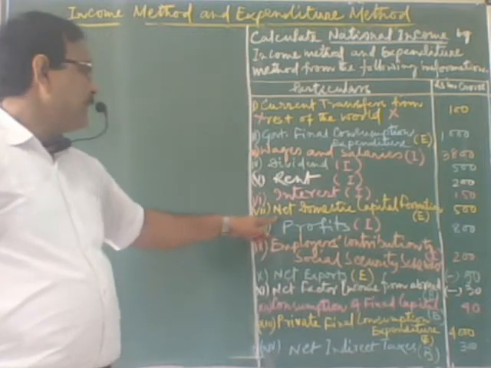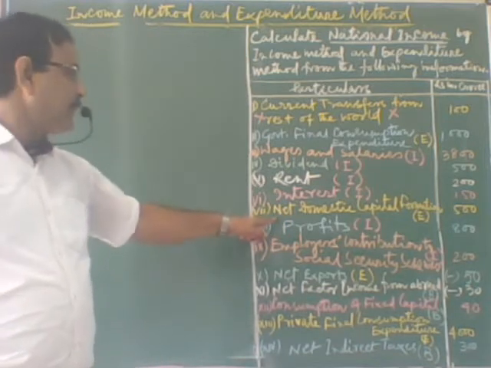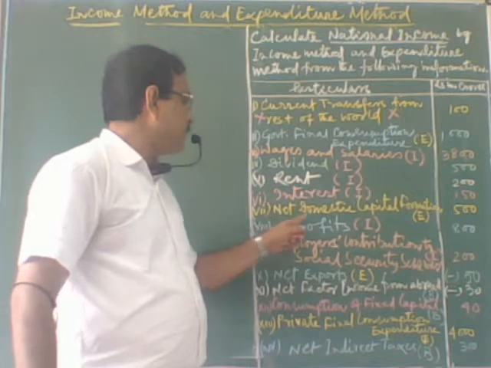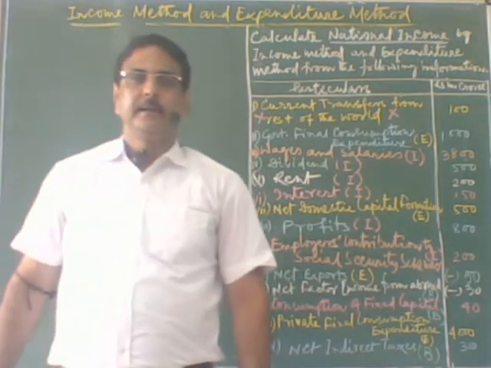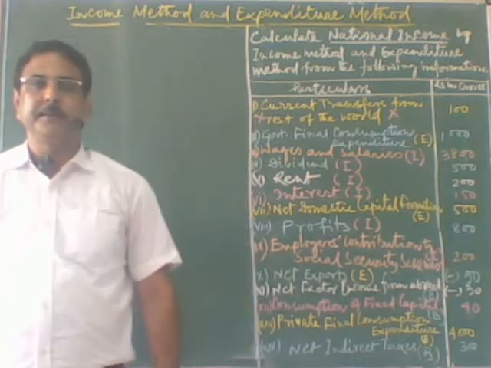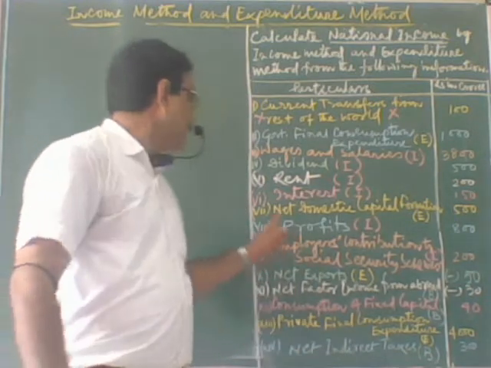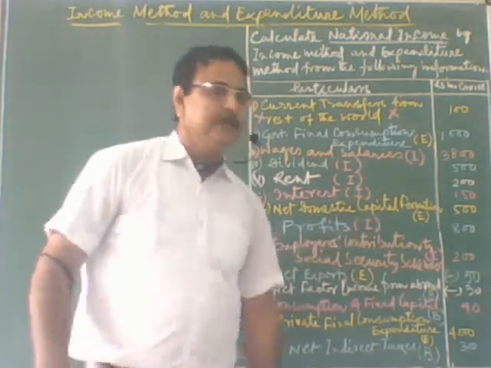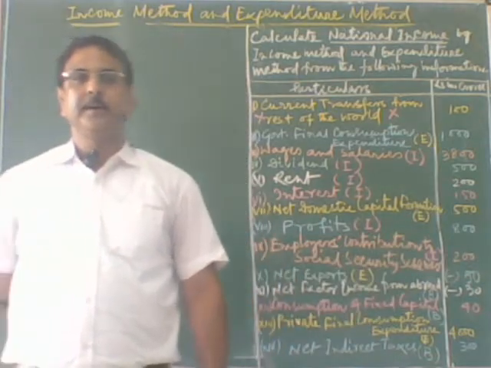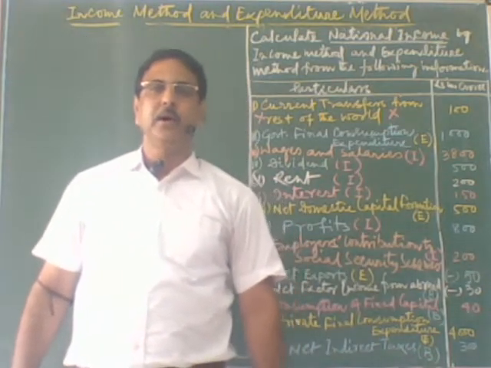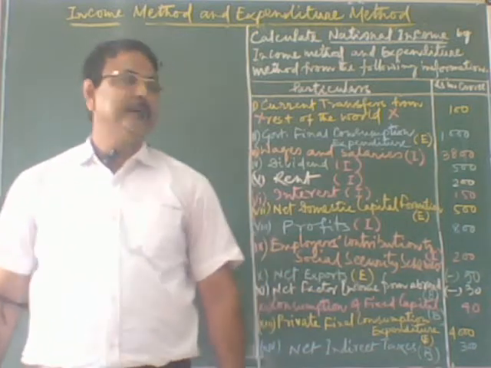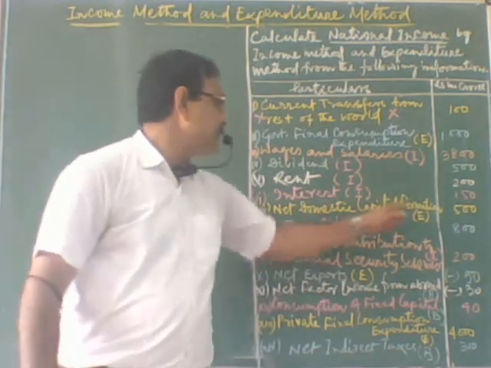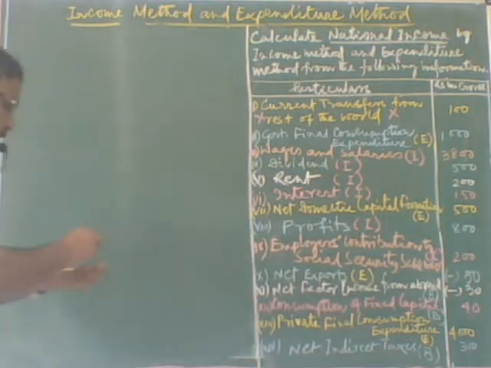But the main component of the expenditure method is gross domestic capital formation, not net domestic capital formation. So first of all, you have to change it into gross domestic capital formation by adding depreciation to the net domestic capital formation.